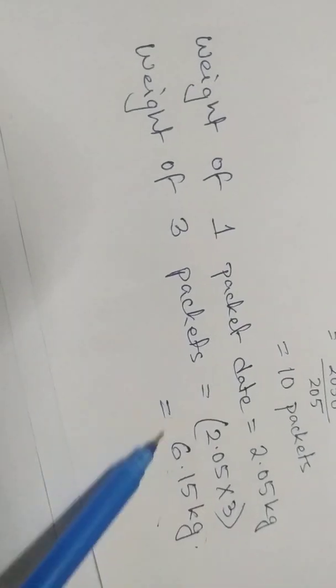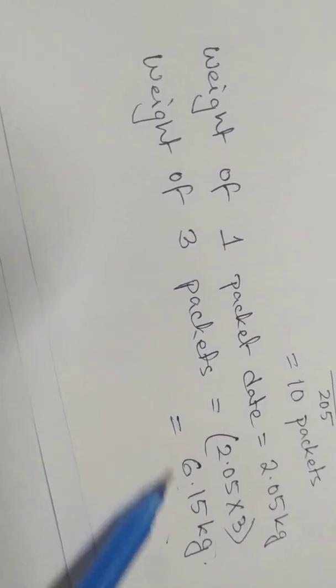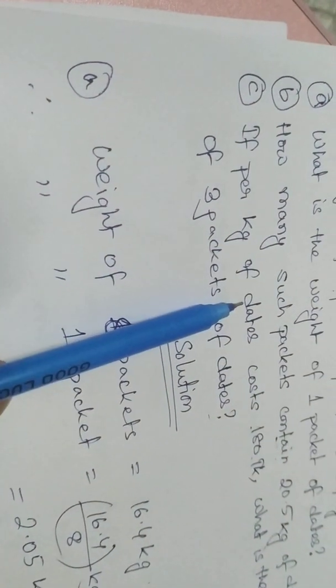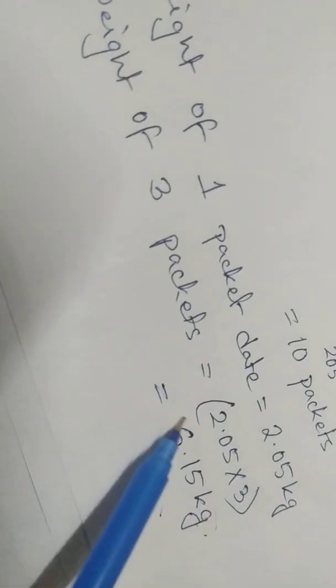So now we got the weight, right? Total weight of 3 packets of dates. So we know that 1 kg dates costs 180 taka. So what will be the cost of 6.15 kg? That's it. Just multiply. Let's do it in the next page. Cost of 1 kg dates equals to 180 taka.